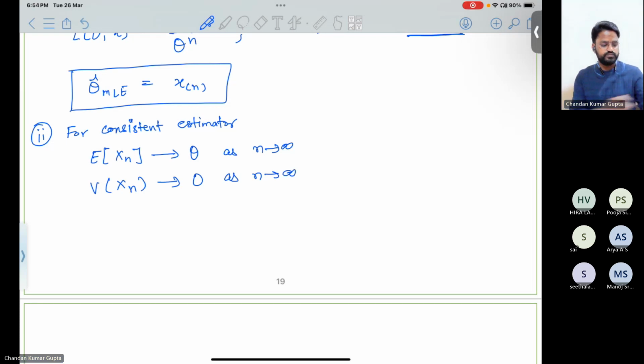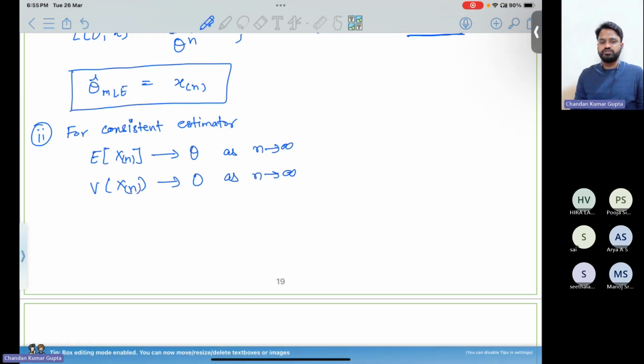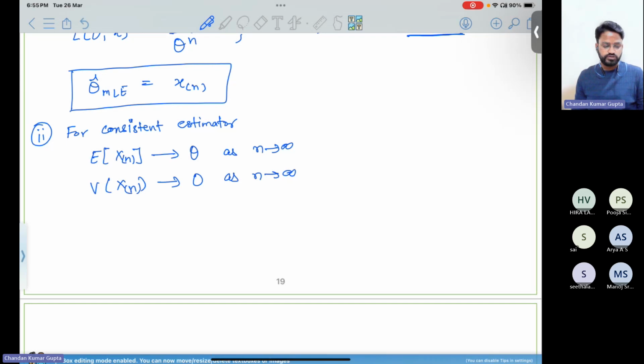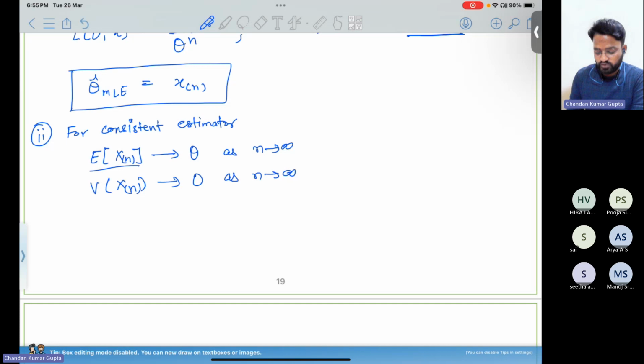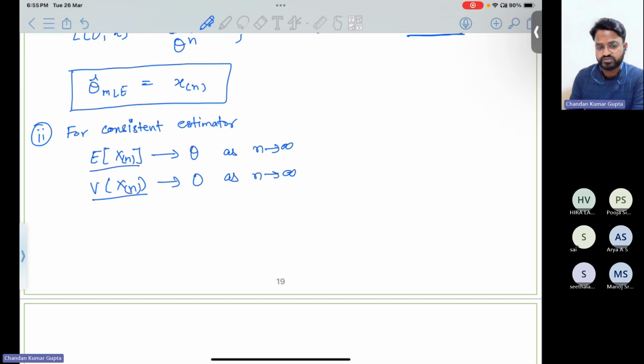Okay, so the Xn is like this, na? Because we are using ordered statistics. So this is the notation for ordered statistics. So first, we need to calculate the expected value of Xn and the variance of Xn.